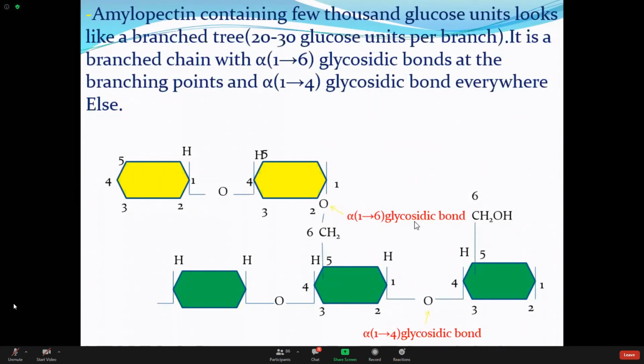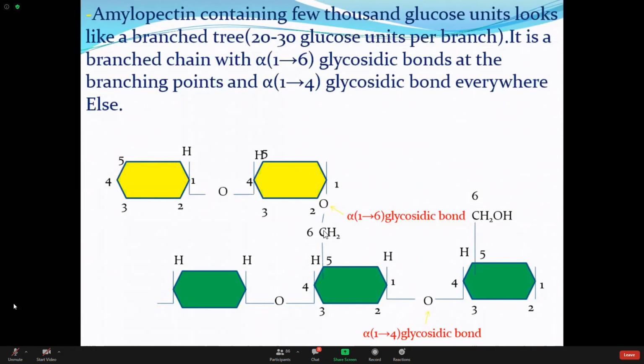Now why is it called alpha-1,6? Simple, have a look here. For this sugar unit, this is number 1, number 2, number 3, number 4 carbon. For this sugar unit, this is number 1 carbon, number 2, number 3, 4, 5, and this is number 6 carbon. The joining of these two molecules happens between number 1 carbon and number 6 carbon.